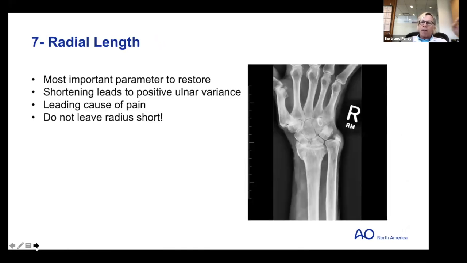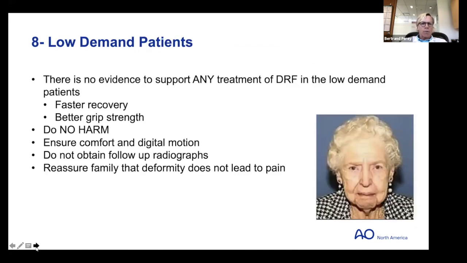Radial length, probably the most important parameter with respect to pain. So if you look at patients that have pain at 1 year follow-up, the most important parameter that is not corrected is length of the radius. So they have a positive ulnar variance. So if you're going to try to fix something in your wrist fractures, make sure that the length is corrected. Low demand patient, there's lots of data that's come out about that right now.